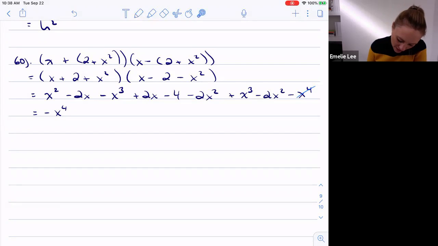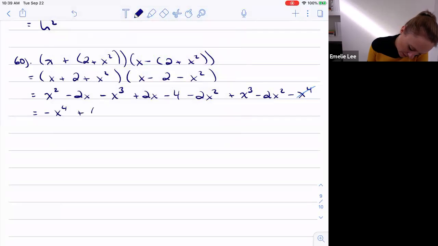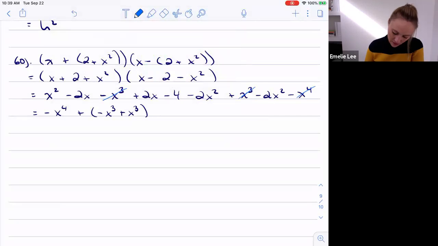My next highest power would be to the power of 3, which is negative x to the 3 plus x to the 3. So plus negative x to the 3 plus x to the 3. Okay. I've dealt with this, I've dealt with that.